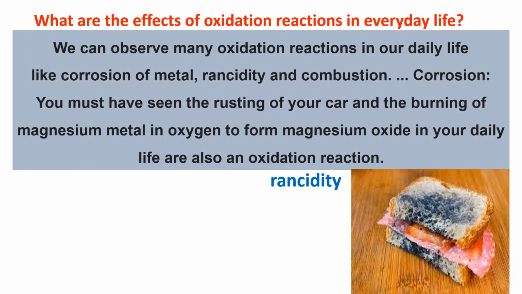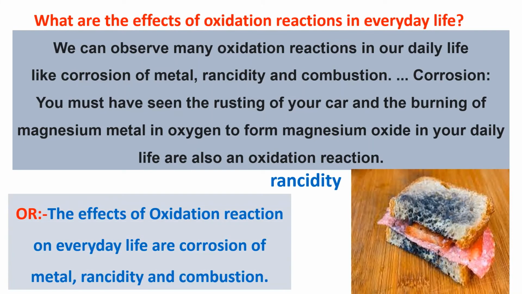In everyday life, we observe many oxidation reactions, like corrosion of metals, rancidity, combustion. You must have seen the rusting of your car and the burning of magnesium metal in oxygen to form magnesium oxide in your daily life.